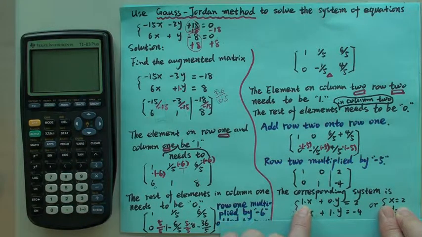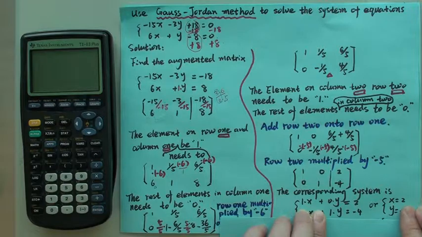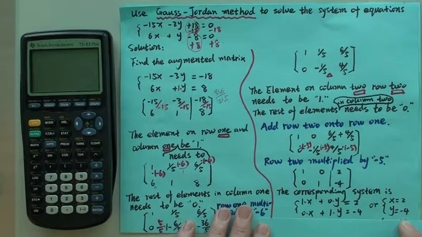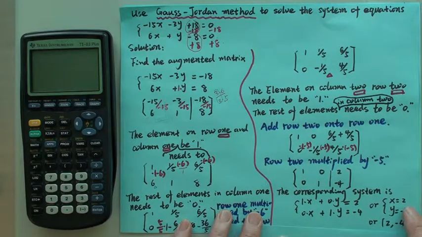Upstairs is just x equals 2. Downstairs, 0 times x is 0, so this guy disappeared, and 1 times y is y equals negative 4. So x equals 2, y is negative 4. Or you may write the first coordinate and then the second coordinate: 2, negative 4. I'll see you next time.